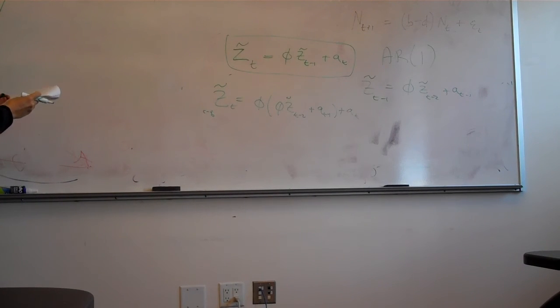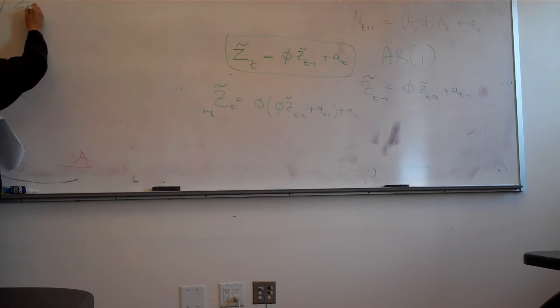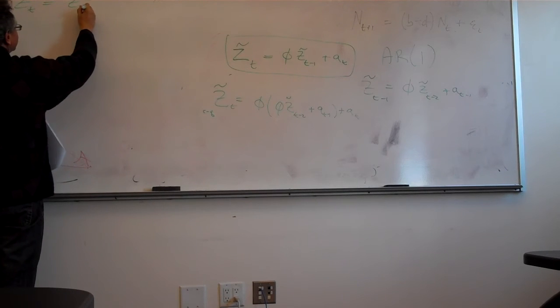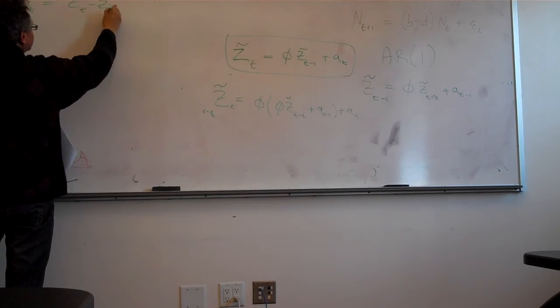So del of Zt is just Zt minus Zt minus 1.